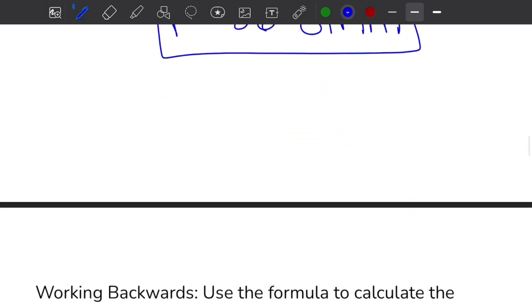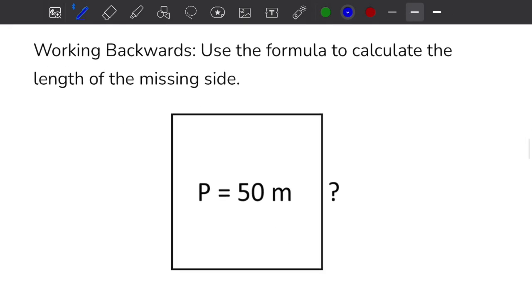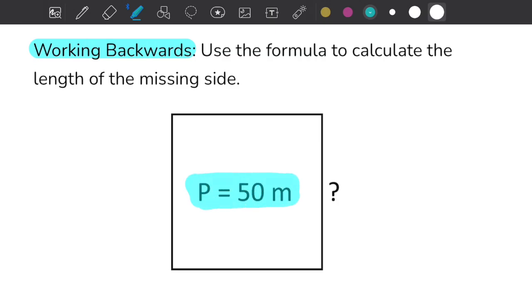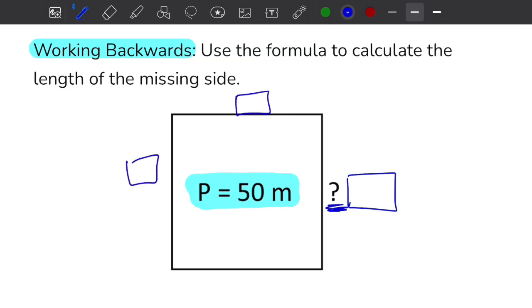So the next example I'm going to do is going to be a working backwards question, very similar to what we did with the perimeter of rectangles. In this case, we are given the perimeter of this square, and we are trying to find the length of the missing side. Keep in mind that whatever number we get here is going to be the same number for this side and this side, because we're dealing with squares, right?